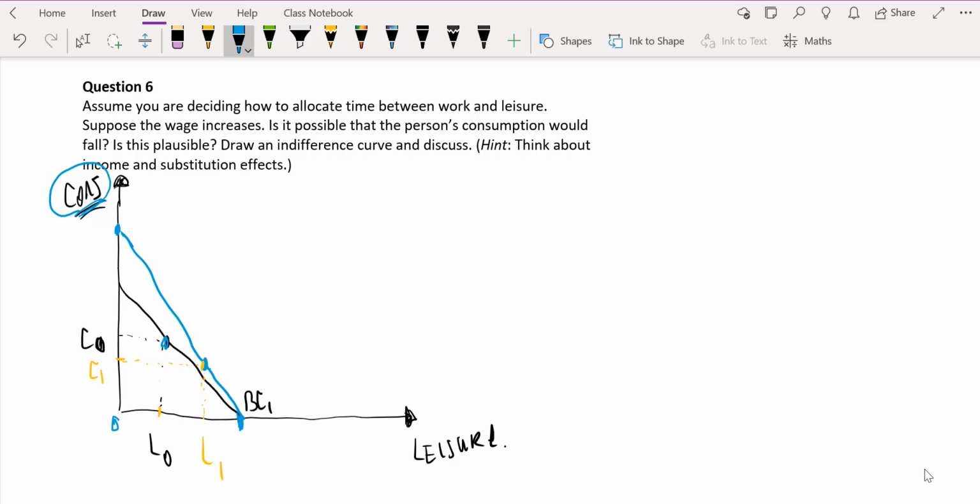So if we were looking at this as an indifference curve, I0 as the original point, when our wage increases, we usually substitute away some of the leisure time with more work so that we can consume more. Let's say we moved somewhere here.